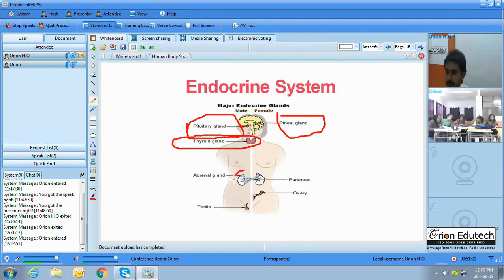This is the adrenal gland. This small part is the pancreas. In females, this is the ovary, and in males, this is the testes. These are the parts involved in the functioning of the endocrine system.